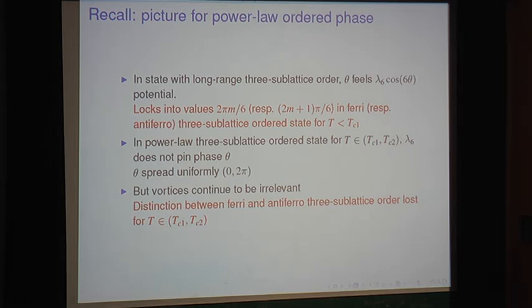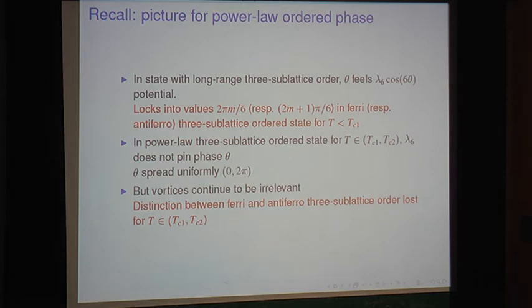And what this means is that some fraction of the times the power law ordered state is ferrimagnetic and other times it's antiferromagnetic. So it samples all possible values of theta uniformly, right? That's the meaning of this term being irrelevant. And so then it's not so hard to believe that the fraction of the times it's ferrimagnetically ordered, it develops a singular susceptibility to a uniform field. That's the physical picture I have for this result.